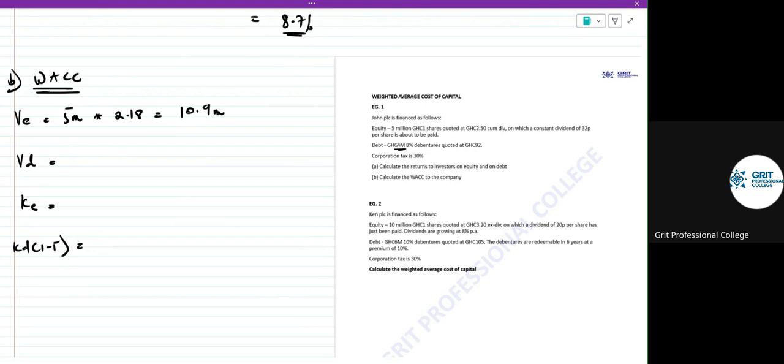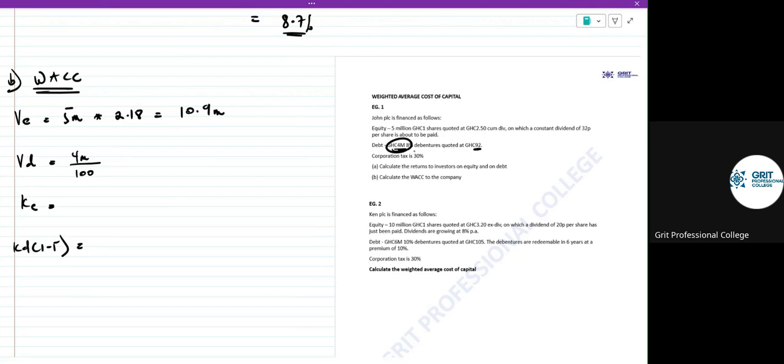That would be 4 million divided by 100, which gives us the number of units of the bond in issue. Once we find that, we can multiply by the current market price, and that will give us the current market value of those bonds in issue.